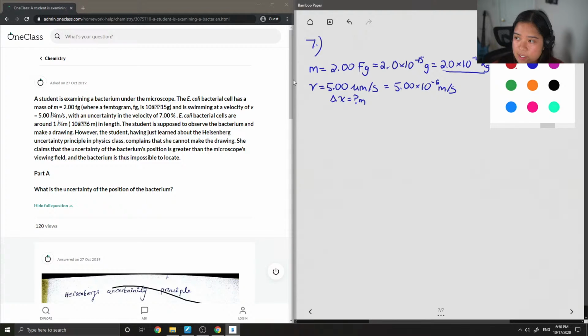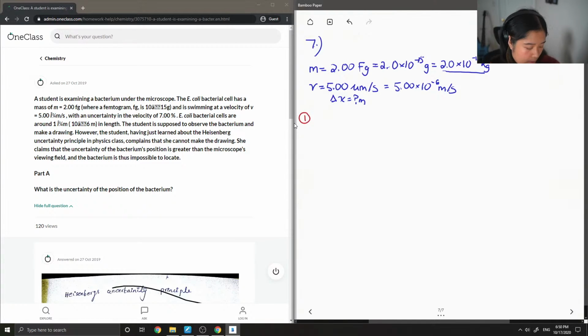Okay, so after we write down everything that's given, we know that the uncertainty in velocity is 7%.